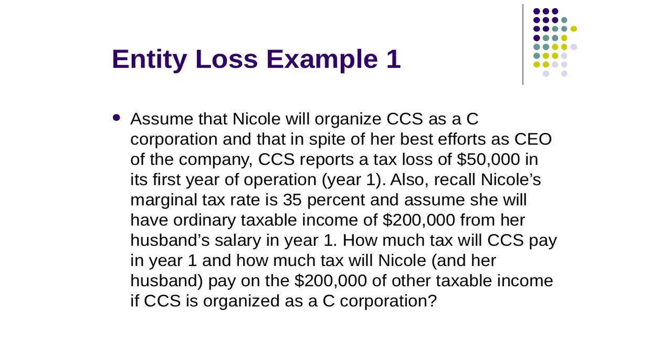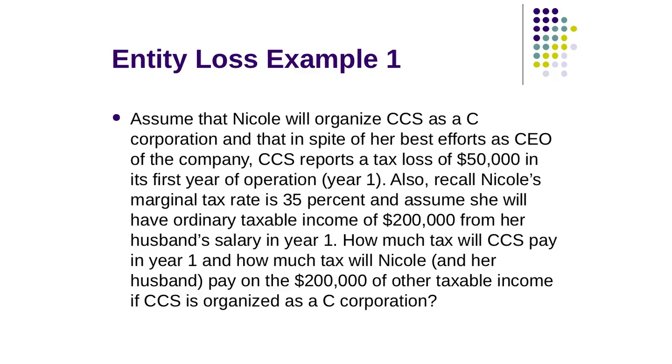Also, recall Nicole's marginal tax rate is 35%, and assume she will have ordinary taxable income of $200,000 from her husband's salary in year one. How much tax will CCS pay in year one, and how much tax will Nicole and her husband pay on the $200,000 of other taxable income if CCS is organized as a C corporation?